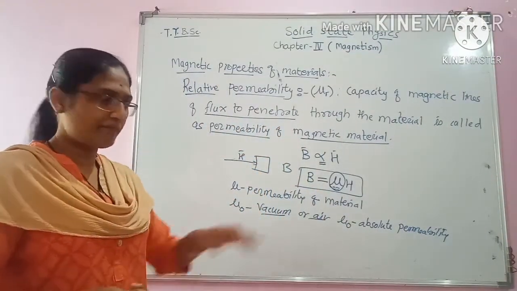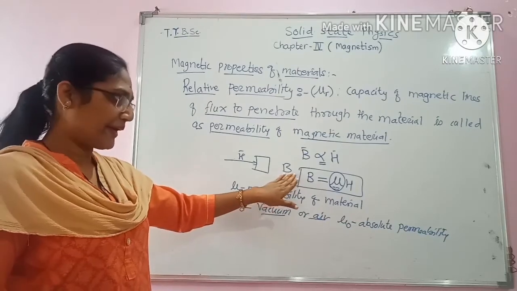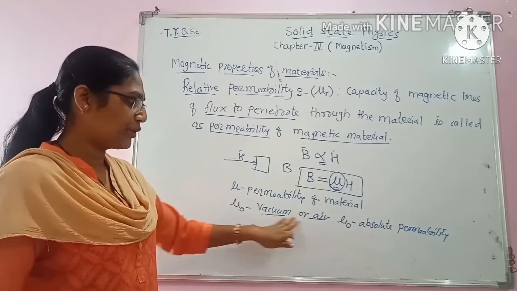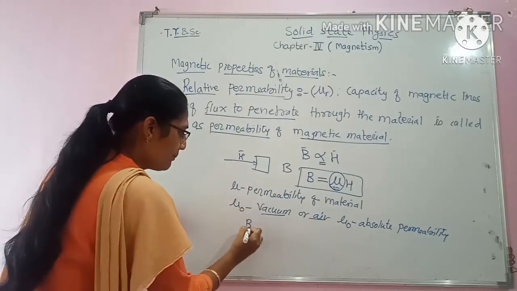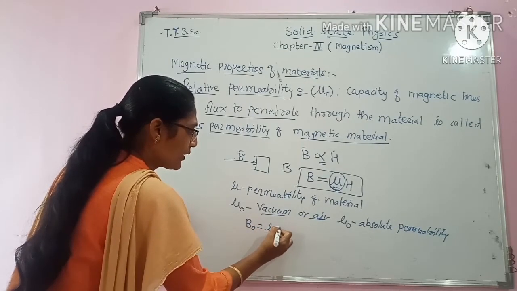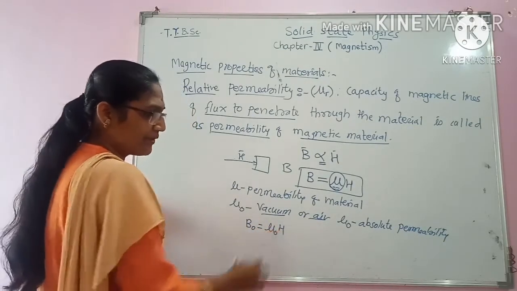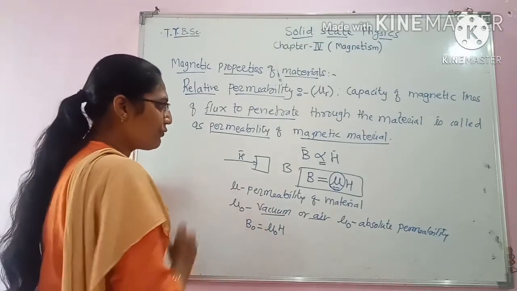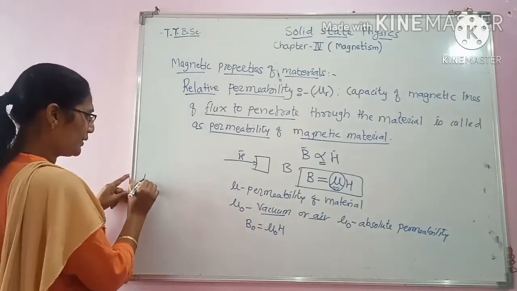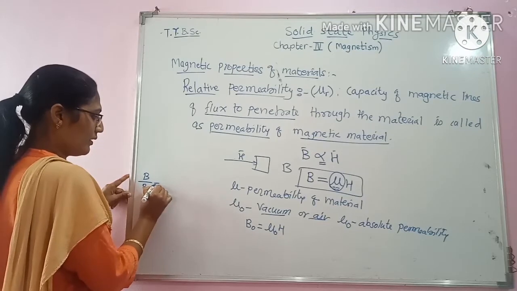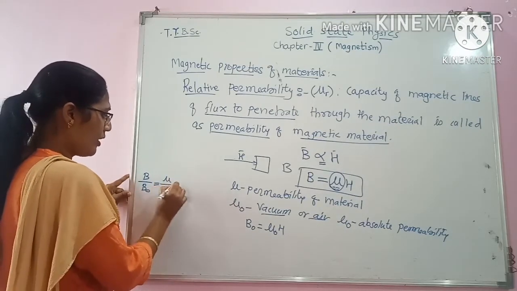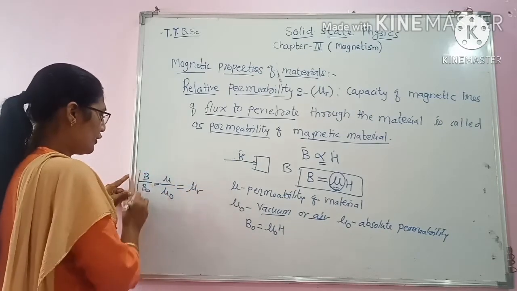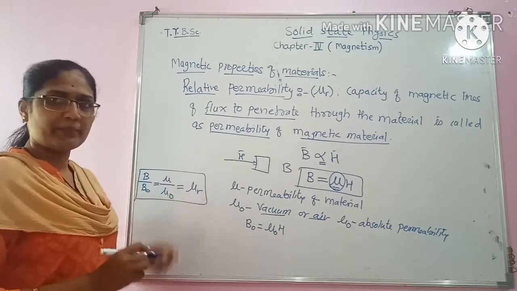If the lines of flux are passing through the magnetic material, this is the formula B is equal to mu H. And if the lines of flux are passing through vacuum or air, the formula becomes B naught is equal to mu naught into H. The applied magnetic field remains constant; only the responses differ. If we take the ratio of B upon B naught, it becomes the ratio of mu upon mu naught, and this is a constant called relative permeability.